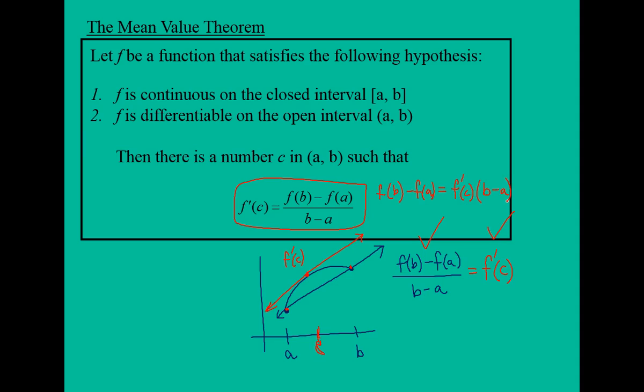And that should look familiar. That looks like the point slope form of a line. Here we have our change in y's. Here we have our change of x's. And here's the slope of the line.